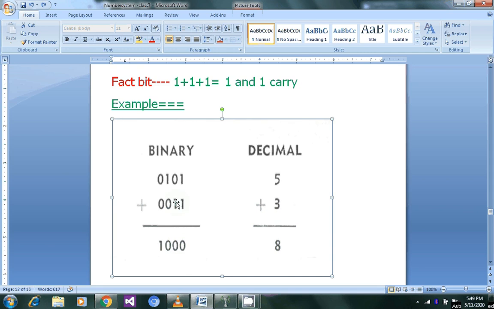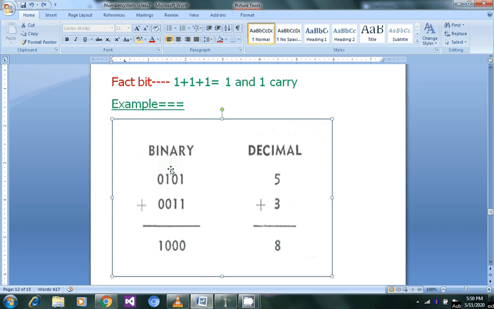Now 0 plus 1, as given in the binary table, equals 1, and 1 plus 1, because 1 is carried here, again gives 0, then 1 is carried forward to the next row. Here 1 plus 0 gives 1, and again 1 is added, which is the carry from the previous one.